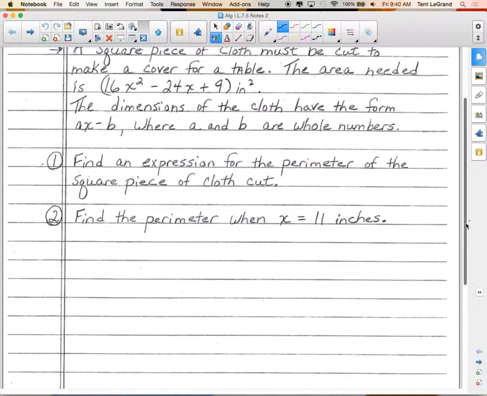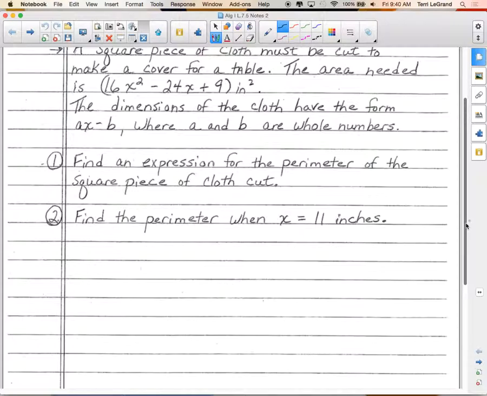Okay, so the dimensions of the cloth, it says, have the form of ax minus b, where a and b are whole numbers. Well, that tells you what about that trinomial? What does it have to be then if the dimensions of the cloth have the form of ax minus b? Well, a square has the same dimensions, length is the same as the width, and they're saying that it is ax minus b.